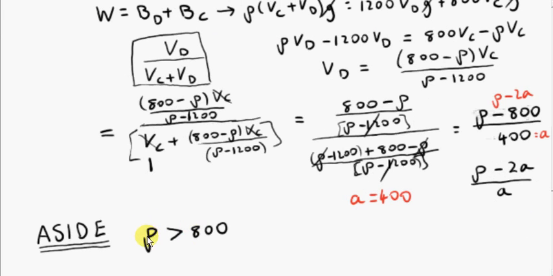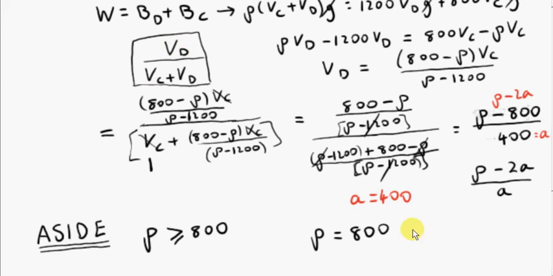As an aside, notice that the density of the object must be greater than 800 kilograms per cubic meter. That comes out of this formula here. Well, we can say greater than or equal to 800, because if rho is equal to 800, we get 800 minus 800, that's 0.